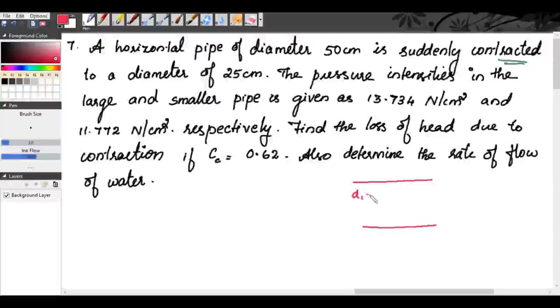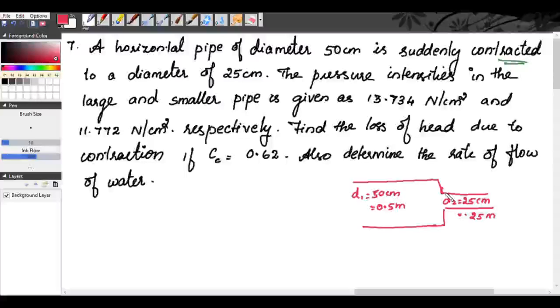So here D1 is equal to 50 centimeter, that is equal to 0.5 meter. It is suddenly contracted to 25 centimeter. So D2 is equal to 25 centimeter, that is equal to 0.25 meter.